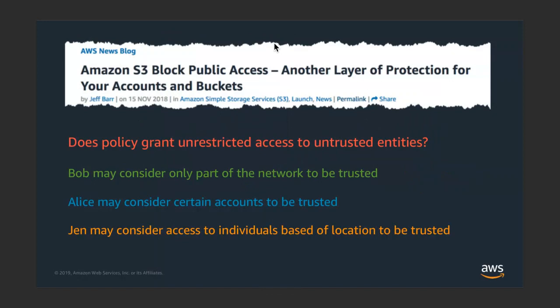It's a preventative control, and it's verifying whether a policy grants unrestricted public access to untrusted entities. And how do we get this set of untrusted entities? They can be different for different users. Again, we can't expect them to write the list of untrusted entities and provide it, or even go back and annotate all the legacy policies to say what is untrusted.